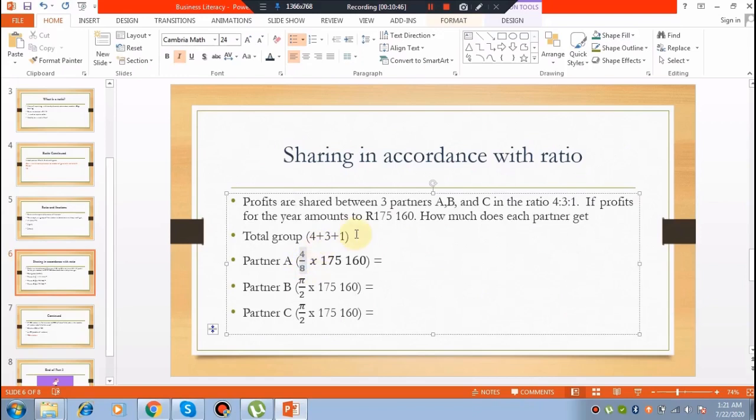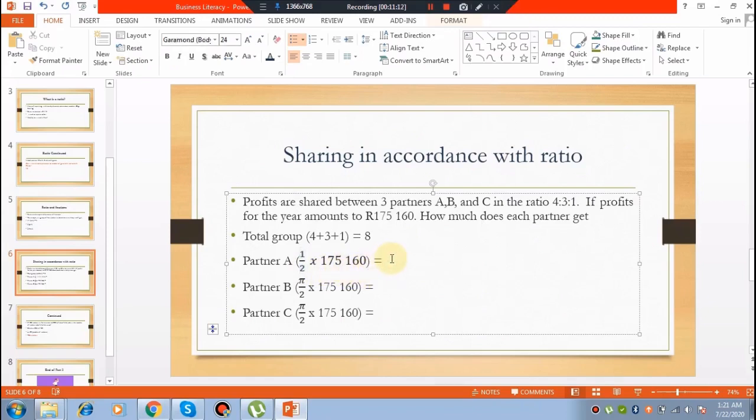The denominator always is the total of all the shares that the partners are entitled to. So that's 4/8 of it. If you simplify this, it will always be equivalent to 1/2.